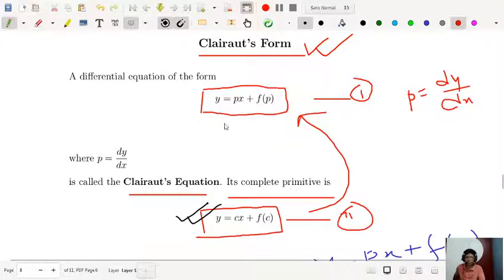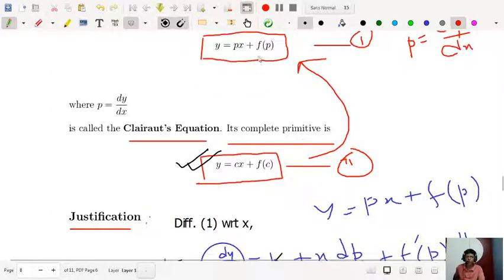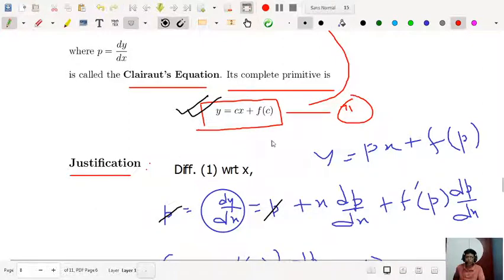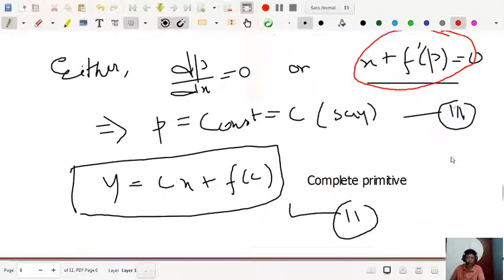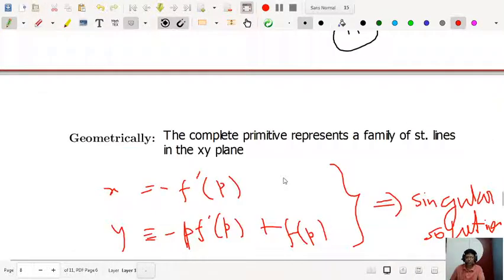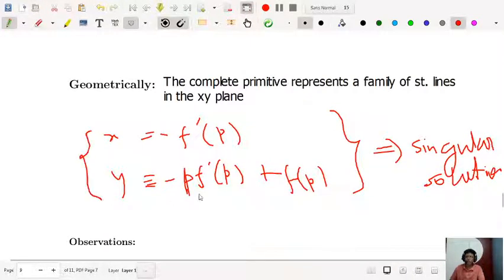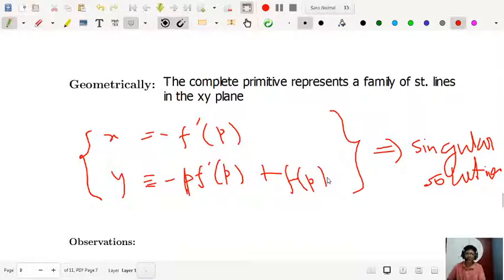Because this is a simple form, you can easily recognize it from the equation, and by calculation you can show that its complete primitive is given by y = cx + f(c), and another part of the solution, x + f'(p) = 0, if you eliminate p with the given equation, together will give you a solution that does not contain any arbitrary constant c, and p.